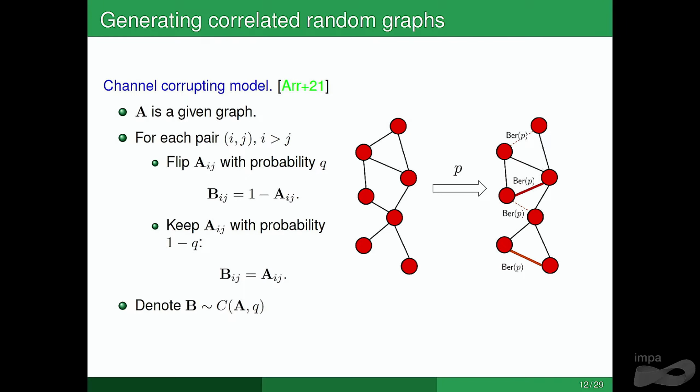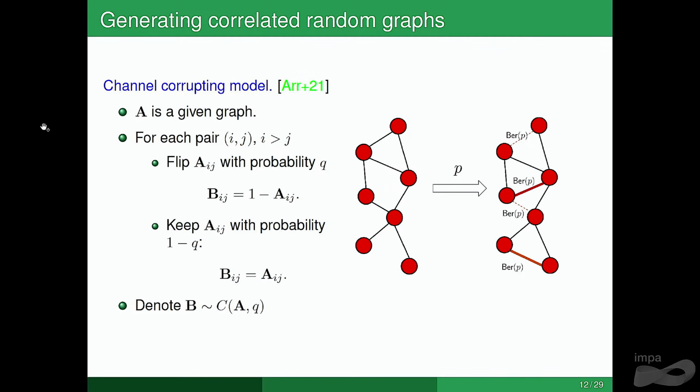An alternative way, which I'm going to focus on more because I'll talk more about the analysis of the algorithms in a minute, is by just fixing one graph as a deterministic network. So A is going to be kind of a parameter, or a given graph. And then we're going to apply a similar idea.